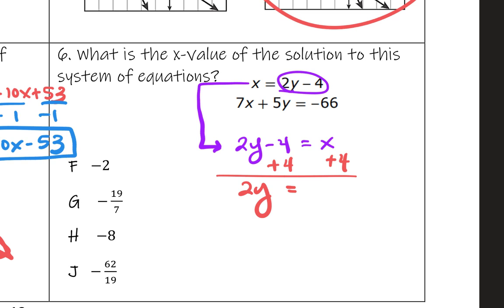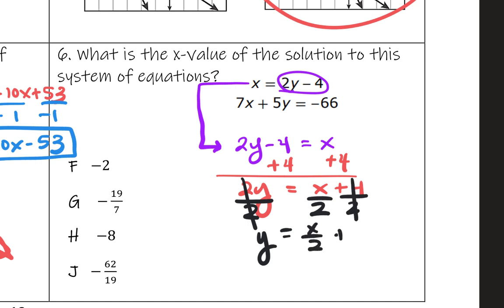So would it be 4x? No, it would be x plus 4. All right, and then what do I have to do to every single number now? Divide it by 2. All right, 2 divided by 2 is 1. X over 2 doesn't change. 4 divided by 2 is 2. All right, this is your first equation.